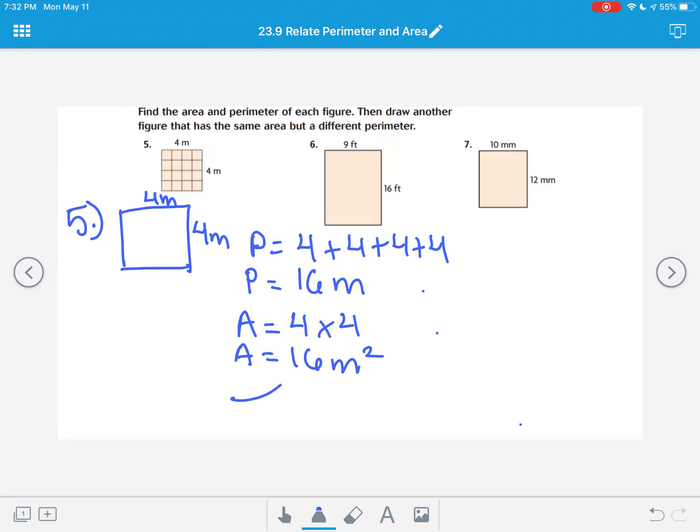So I know different ways to make the number 16 is 8 times 2. So I'm going to use those for my side lengths of my figure. So instead of a square, I'm going to make a rectangle with 8 times 2 for the area.